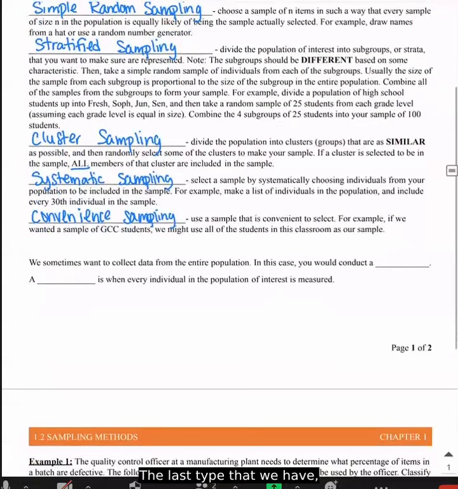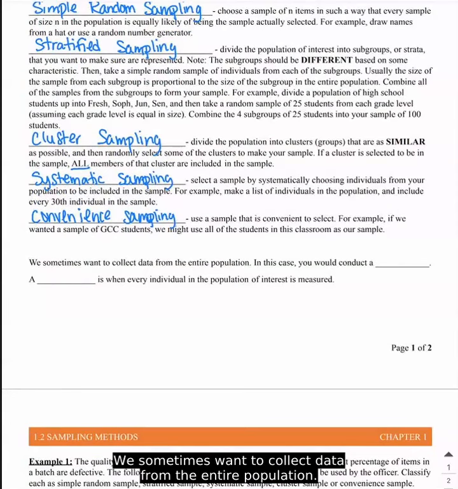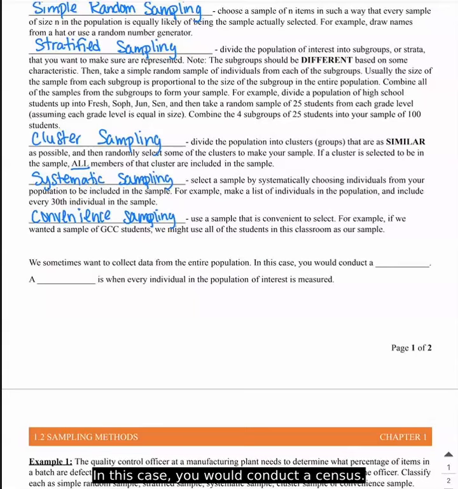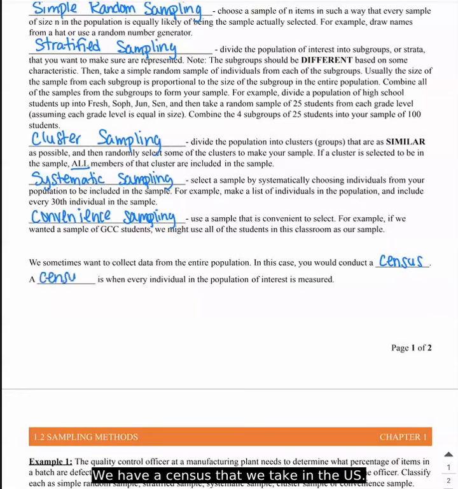The last type that we have, which is not really sampling because it's coming from the entire population, is a census. We sometimes want to collect data from the entire population. In this case, you would conduct a census, which is when every individual in the population of interest is measured. We have a census that we take in the US, right?